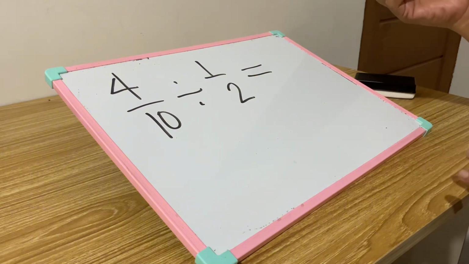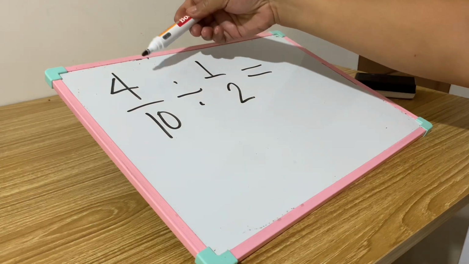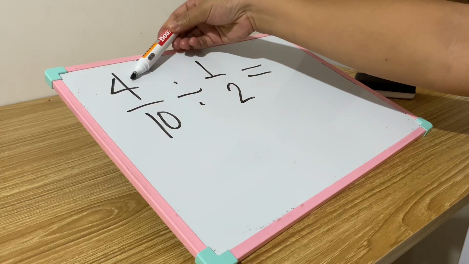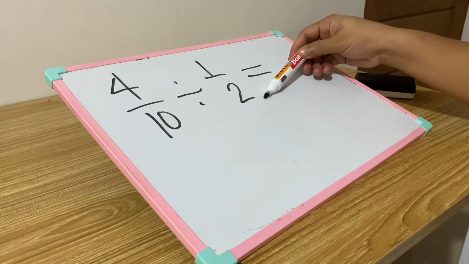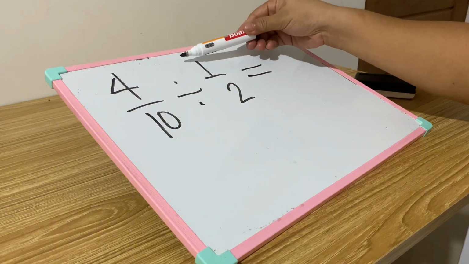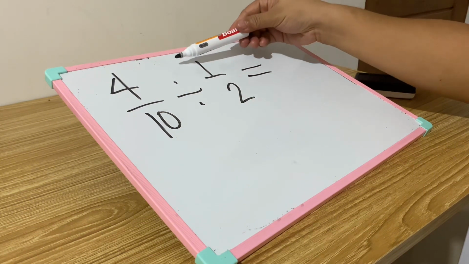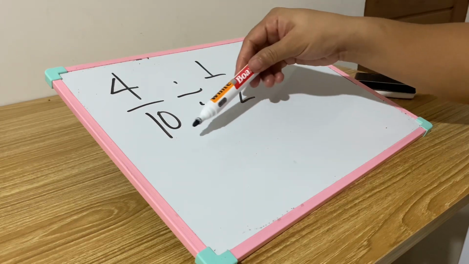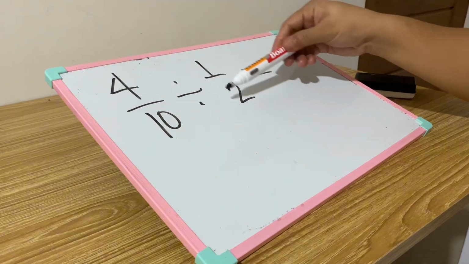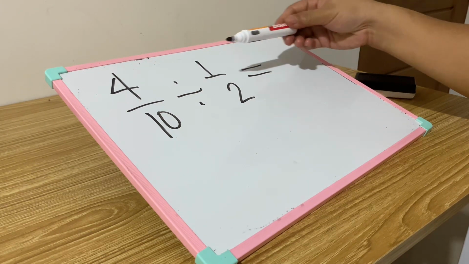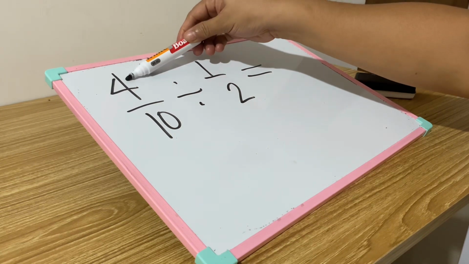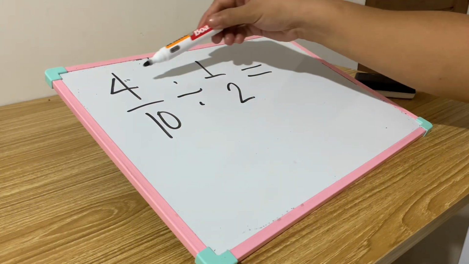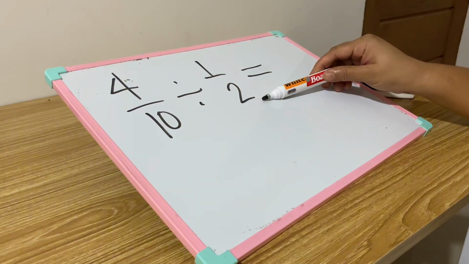Cross multiplication means we will multiply the numerator to the denominator of the second fraction. This part is now the divisor, and this is the dividend. So you will multiply the numerator of the dividend to the denominator of the divisor.